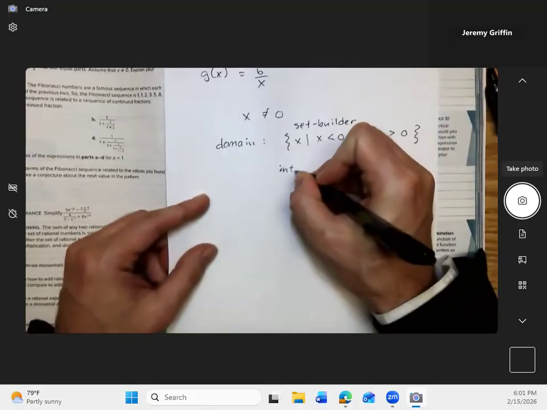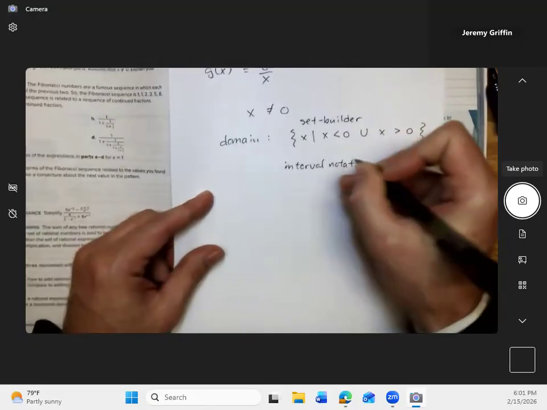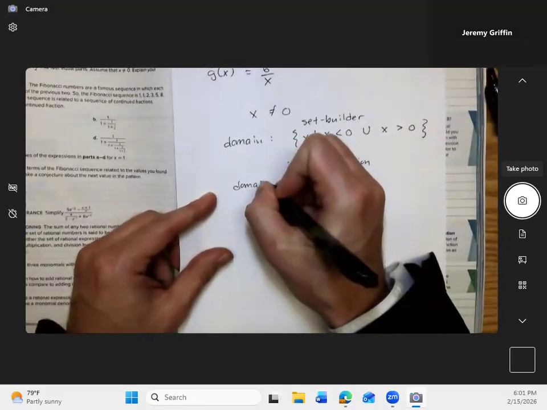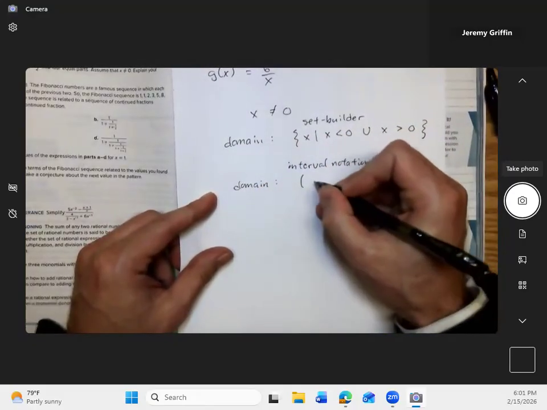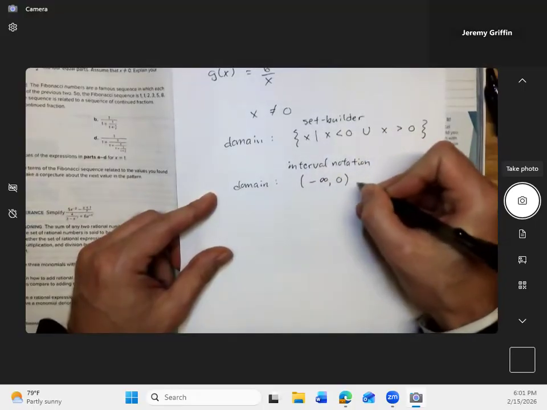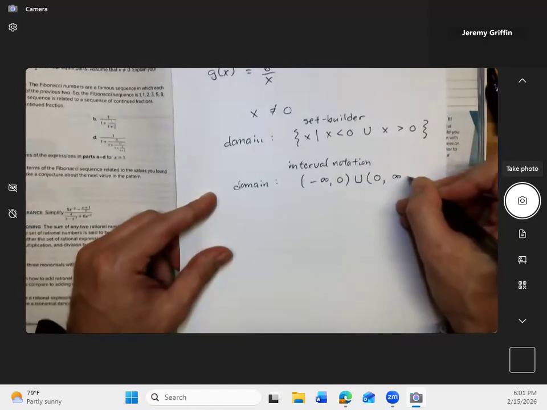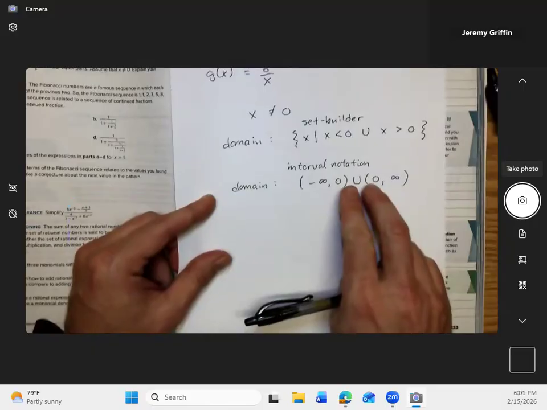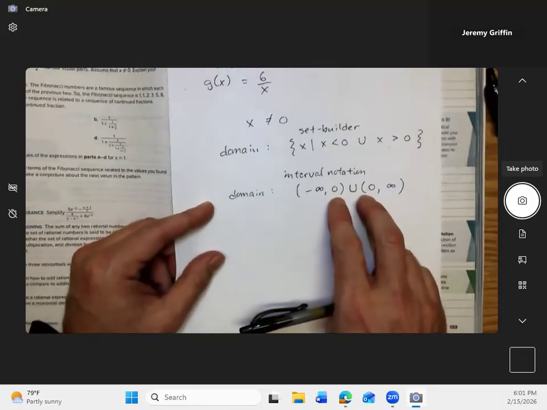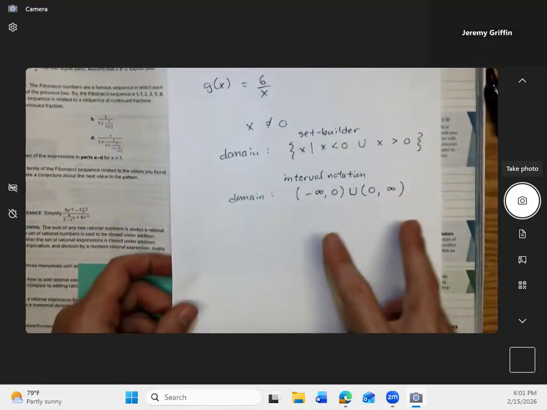And then there's interval notation. So the domain is parenthesis, negative infinity, comma 0, close parenthesis, then union, open parenthesis, 0, infinity. These parentheses mean you're not allowed to include 0 itself. And as a rule, when you go to infinity or negative infinity, I always put parentheses there.